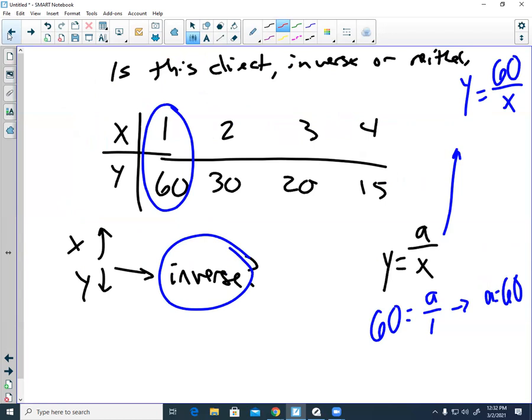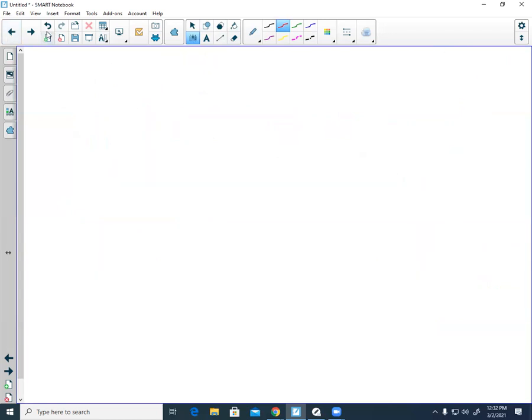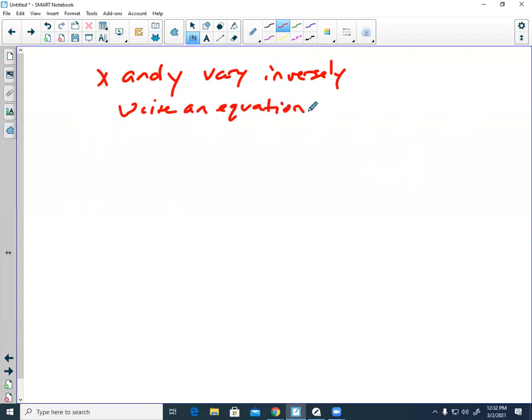Good. Very, very last thing, and again, super, super quick, is if I'm given something like, I could be told x and y vary inversely. Write an equation if x equals 3 and, let's say, 4 and 5.